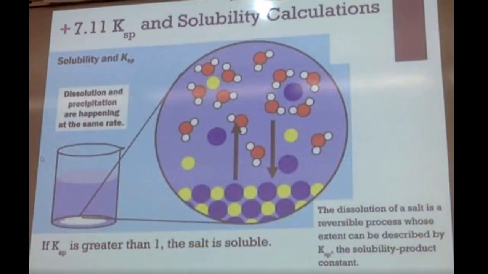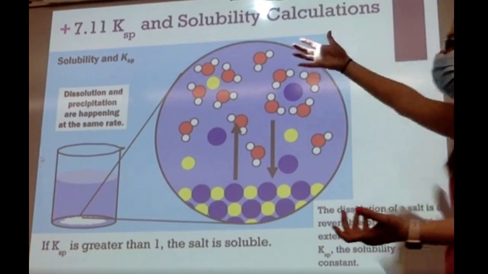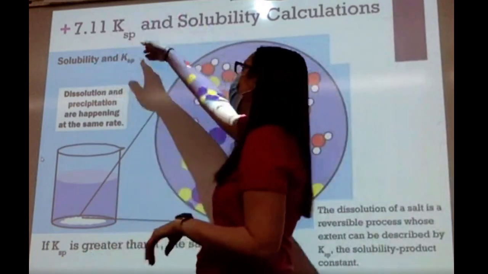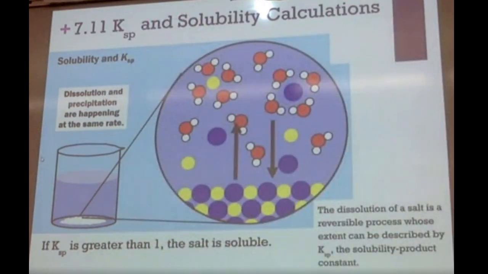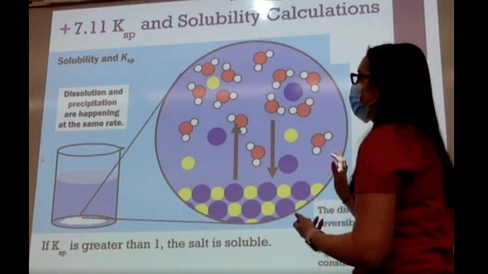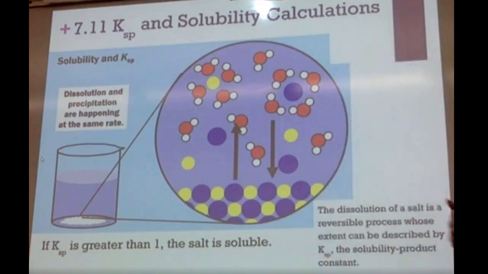So now we'll go through topics 11, 12, and 13. This is KSP. So topic 11 is KSP and solubility. So K, again, it's just another type of equilibrium. SP means solubility product. KSP focuses on a solid at equilibrium with its ions.